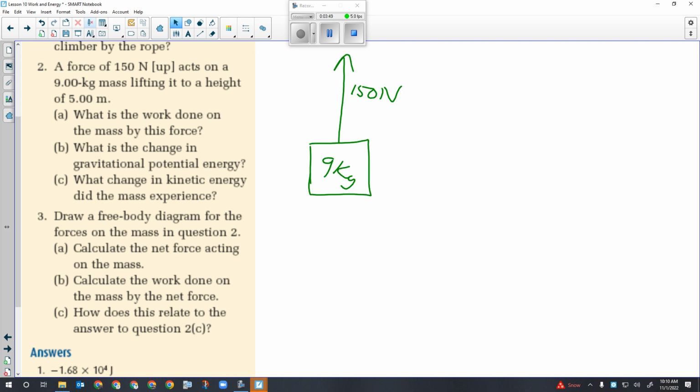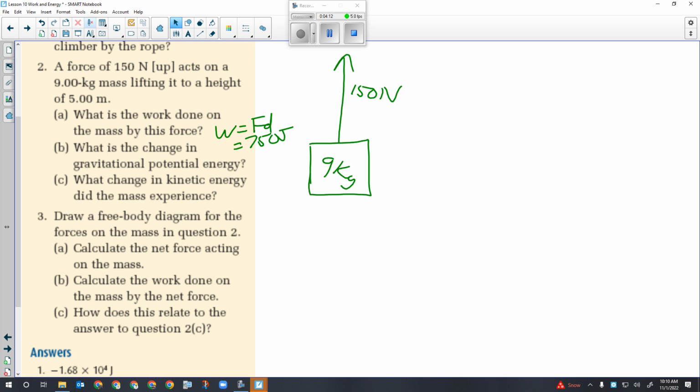So the first thing it asked us to do is calculate the work done. And we said, well, we have the force and we have the distance. So the easiest way to calculate work was to not do the whole change in energy thing because we didn't need to. We had those two numbers. So we just went 150 times 5, and we got 750 joules worth of work.